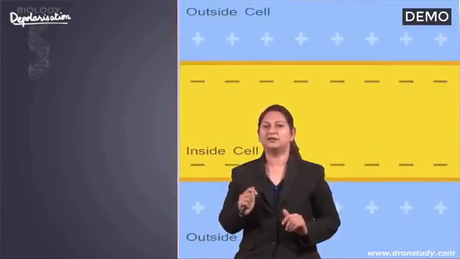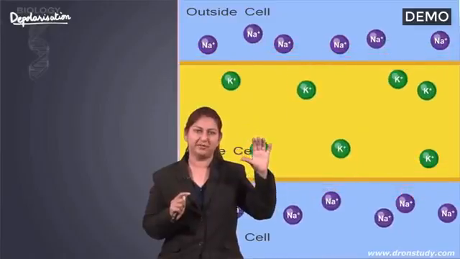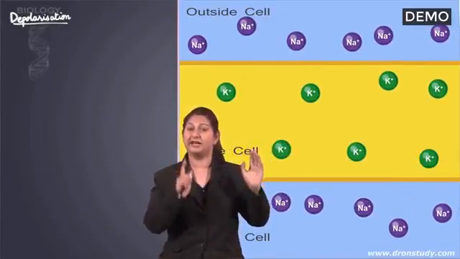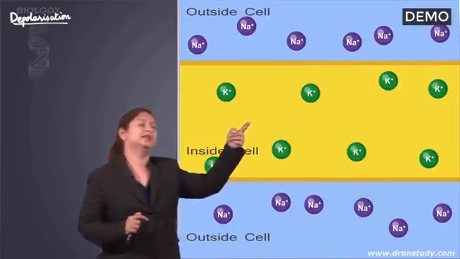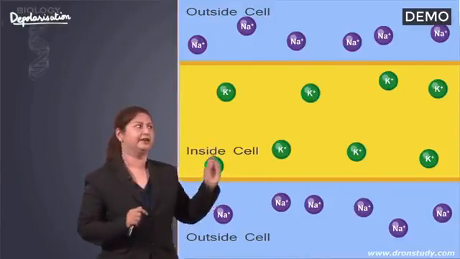Now we have to move to the depolarized state. If you remember the scenario, inside there were potassium ions, outside there were sodium ions in the extracellular fluid. Now, please concentrate on the diagram that comes up here for your better understanding.